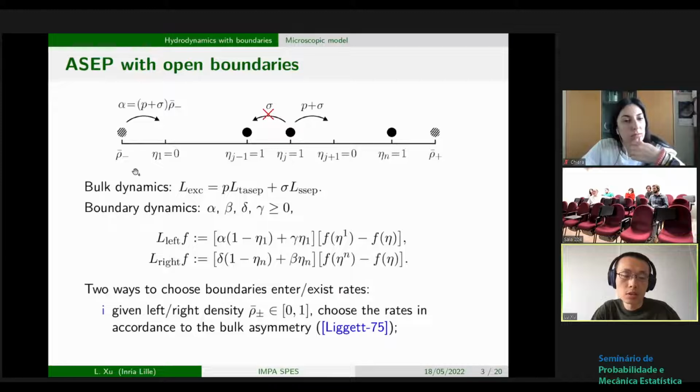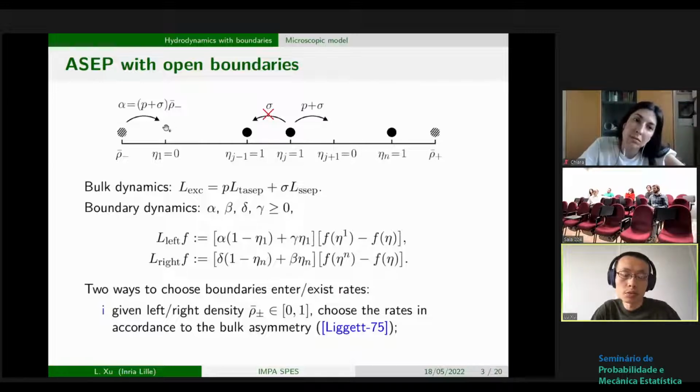Suppose that I have a density rho minus bar here, from 0 to 1, and at this position, let's say it is eta 0. There is always a probability rho minus bar that there is a particle. Then when this particle wants to jump, it jumps with the same rate as in the bulk.